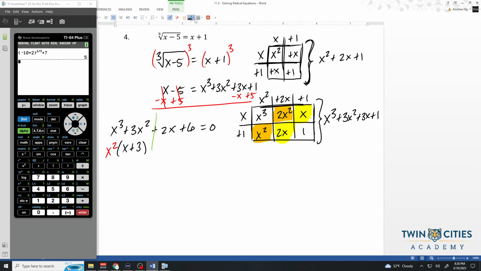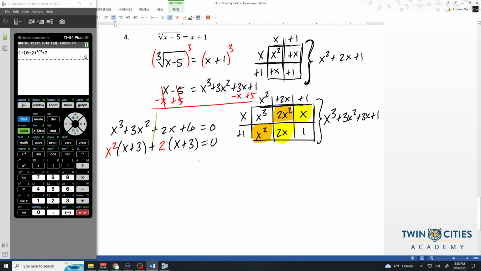Okay, what about over here? 2x and 6, these are both divisible by 2, so I can take a 2 out. And when I do that, I'll have x plus 3 left over. What you'll notice is in both of these, I've got x plus 3 left over.